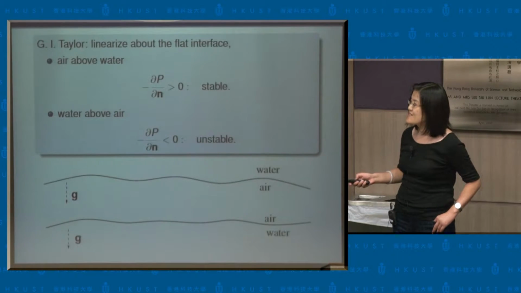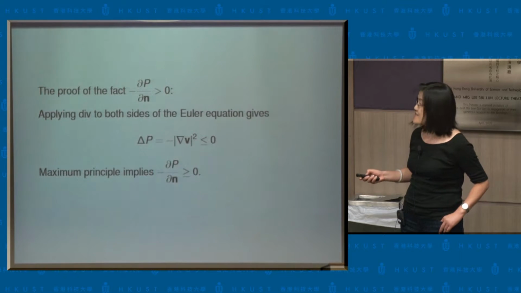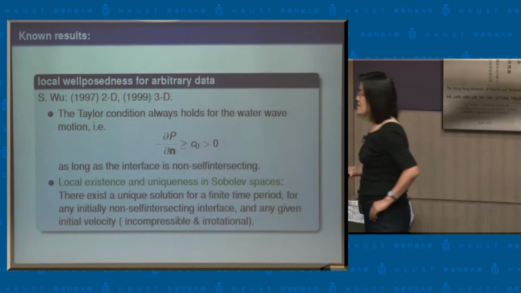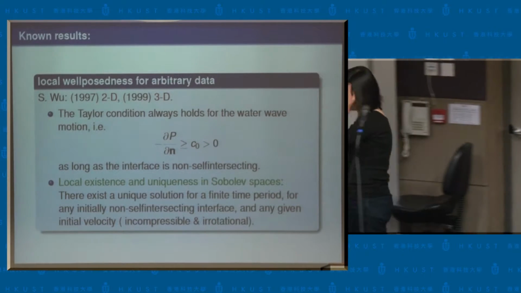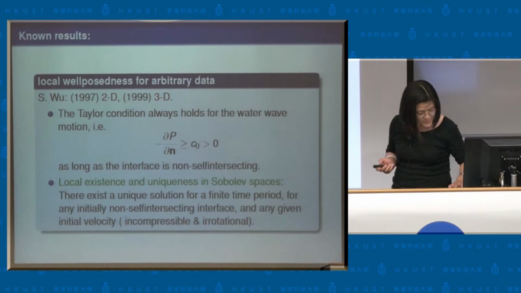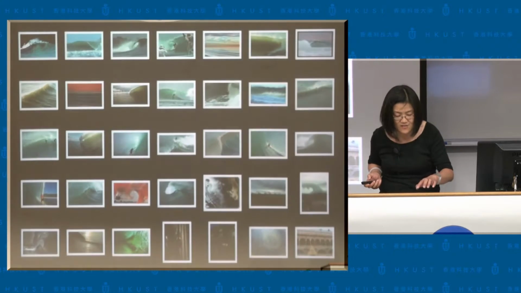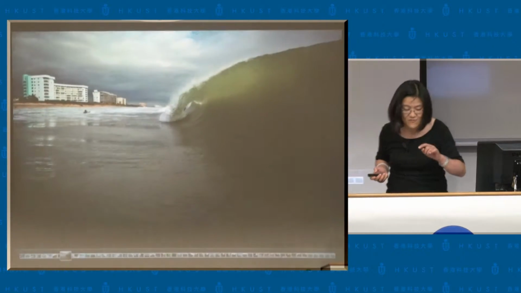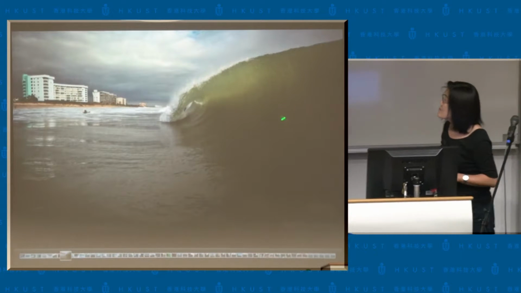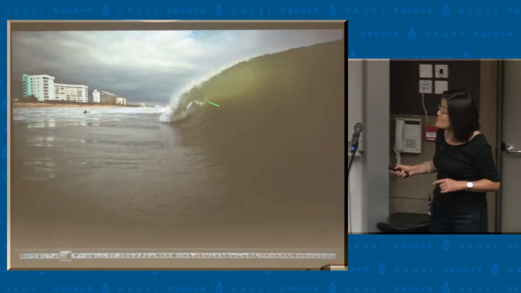This is a fact that should not be surprising to surfers. I want to show you a photo. The reason you can surf is because people just surf under the water.